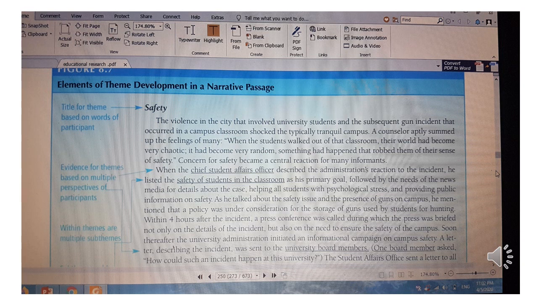Another category is layering of themes. So you can speak about layers. The first layer can be one word of themes, for example, safety. The second layer can be, for example, classifying safety from the sociological perspective and from the psychological perspective.